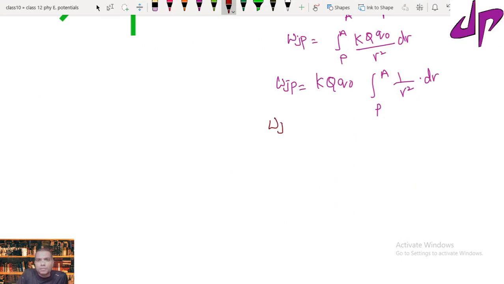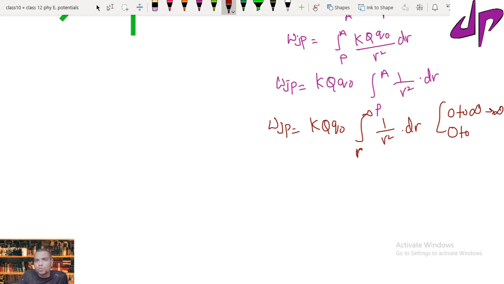So the work done by me equals K capital Q and small q naught upon, now here my point A will become infinity and the point P is at a distance small r from the origin. So it's 1 over r squared times dr. So I can write it here from O to infinity the distance is infinity. From O to P, the distance is r.